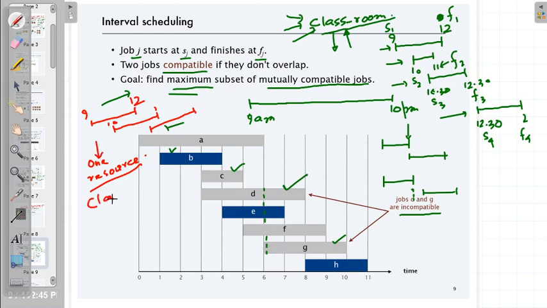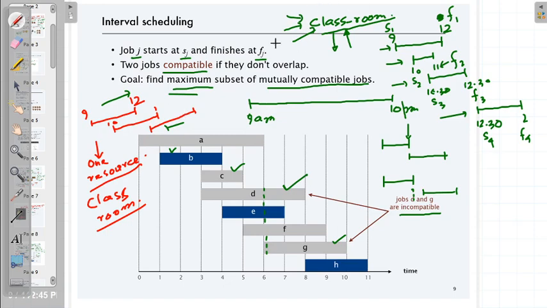Here the classroom is our resource, and we have to schedule as many jobs as possible.